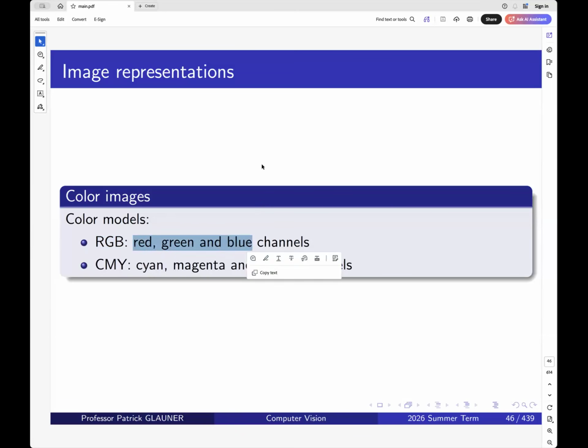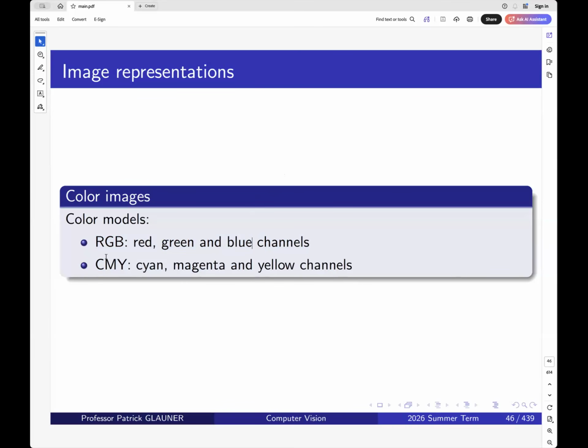So you add up these three channel values and divide the sum by three. Then it's a valid value that fits into a byte. That's a very common conversion from RGB to grayscale.